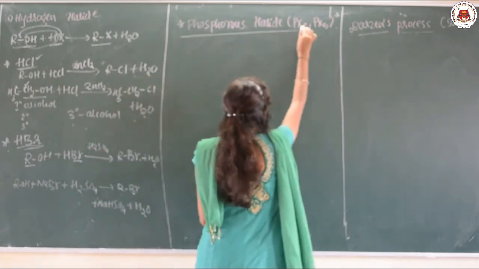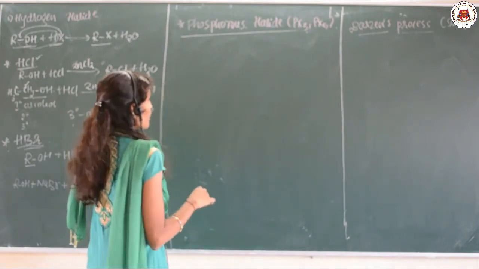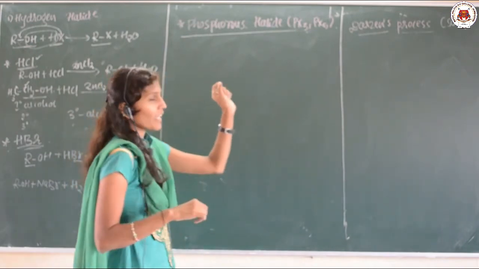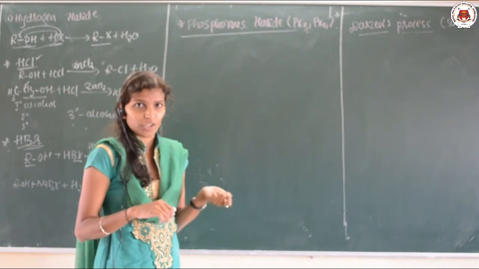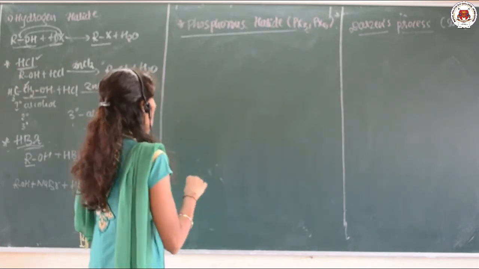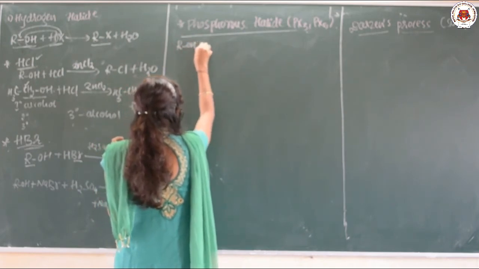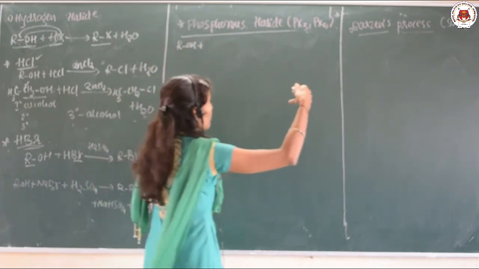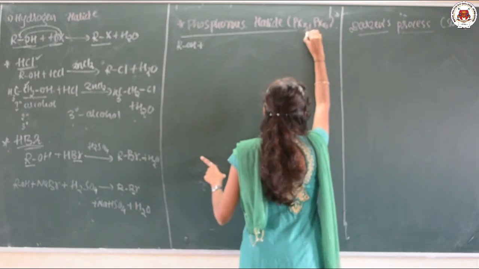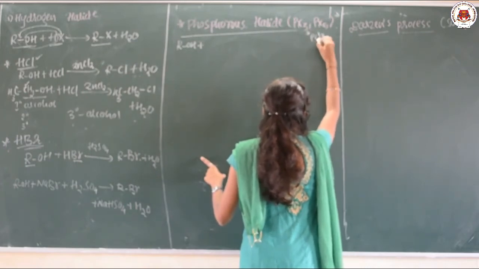phosphorus halide. When the alcohol is treated with a phosphorus halide like PX3 or PX5, you are going to get the alkyl halide. So, let me write it generally: ROH plus PX3.